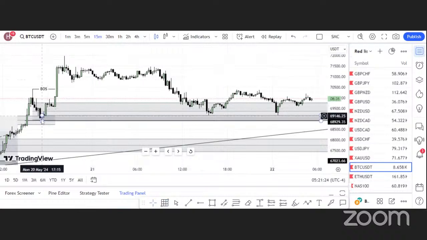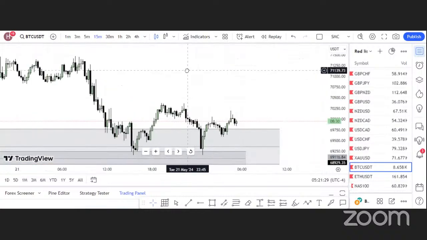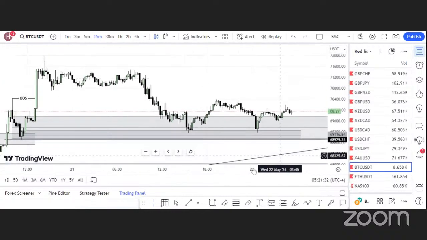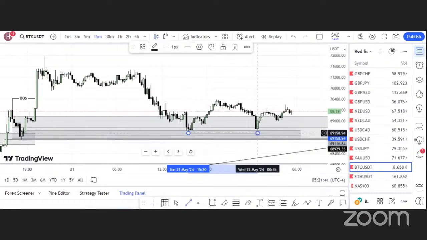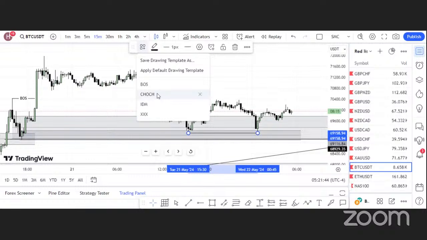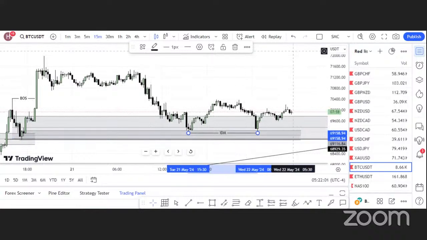But my analysis is that the market would come here where we have double bottom. Okay, so it's going to come back to where we have double bottom, induce the double bottom, and then continue to trade bullish.